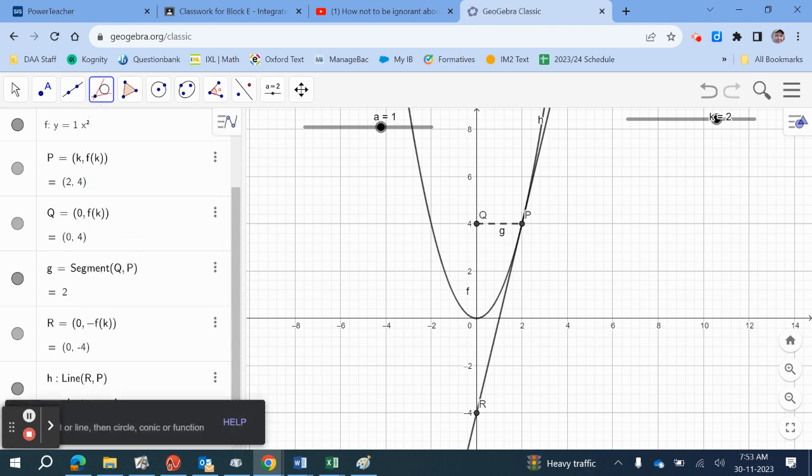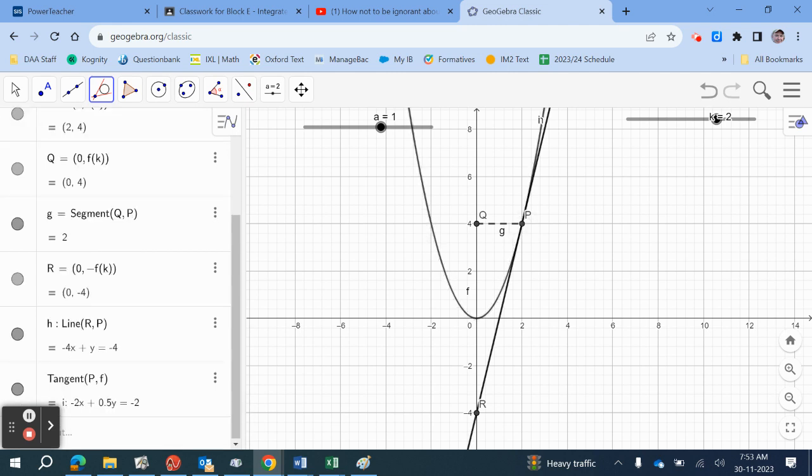I can click on the curve and click on the point P and it will draw the tangent line. Now if we look at the two lines that have been drawn down here, we see that they're exactly the same line. If you divide this one through by 2, you'll get that one. You can see in the algebra that the two equations are the same equation, which means it works.